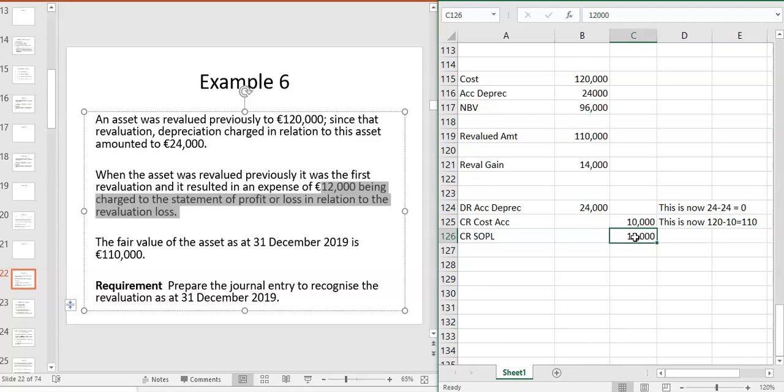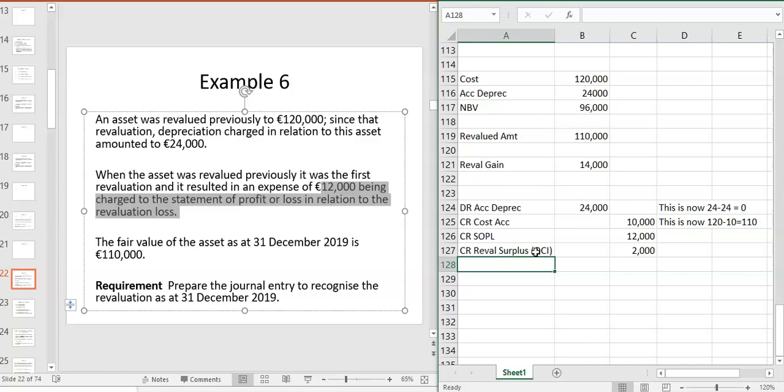Right? What you do instead then is any surplus reversal would be like a normal one. You'll credit the reval surplus in the OCI. And that will be 2,000, which is the excess revaluation over and above the previous loss. So just be conscious and watch for that in questions.